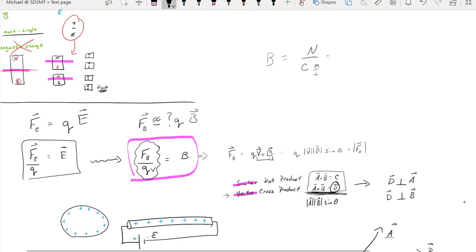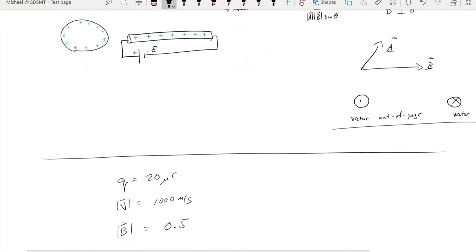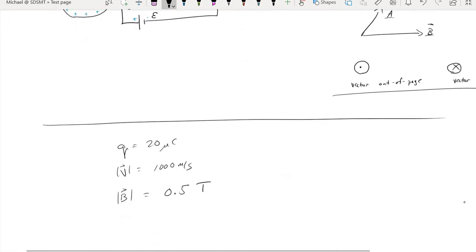That ratio will get flipped. We have Newton seconds over Coulomb meters. And we're going to shorthand that to a Tesla, or T for short. So Tesla is the units for magnetic field.